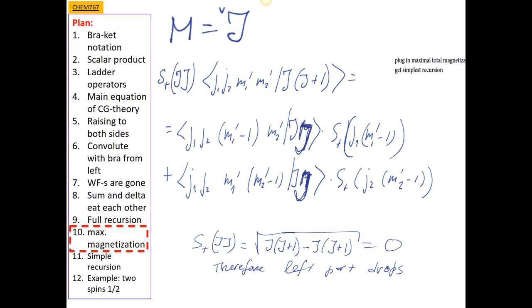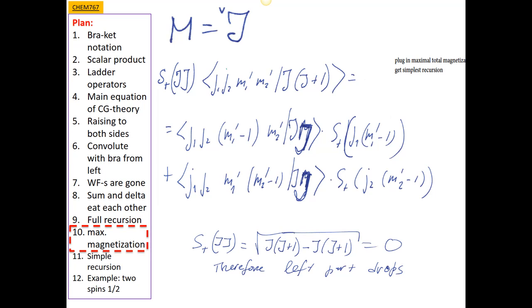So we are approaching the practical side of this recursion relation related to your homework. So if we set up M equals J and we are rewriting this expression, the S plus of J, M equals J will be equal to the square root of (J minus M)(J plus M plus 1), which equals what? 0.